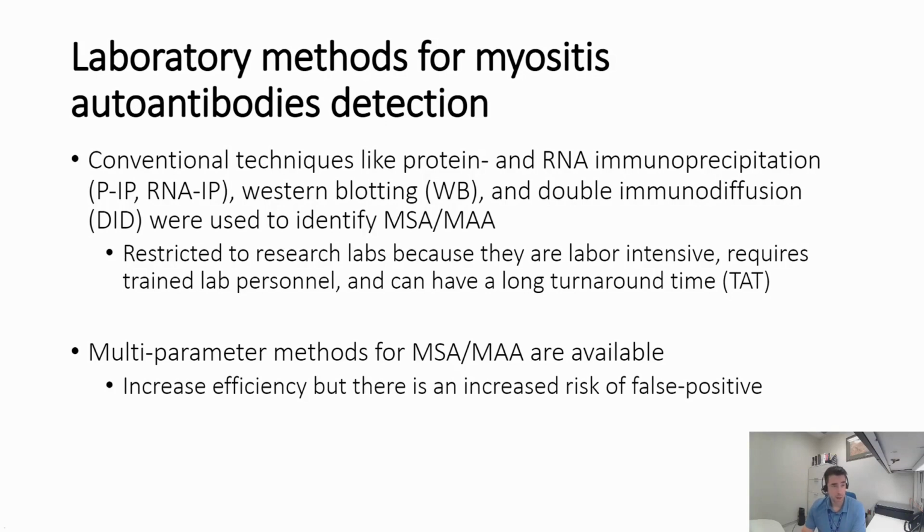Multi-parameter methods like line immunoassays or dot blots are more easily available because they increase the efficiency. Though there is an increased risk of false positives, multi-parameter methods like line immunoassays or dot blots can also be more useful in clinical laboratories because there's less hands-on time by the tech, which increases the throughput and subsequently the turnaround time.